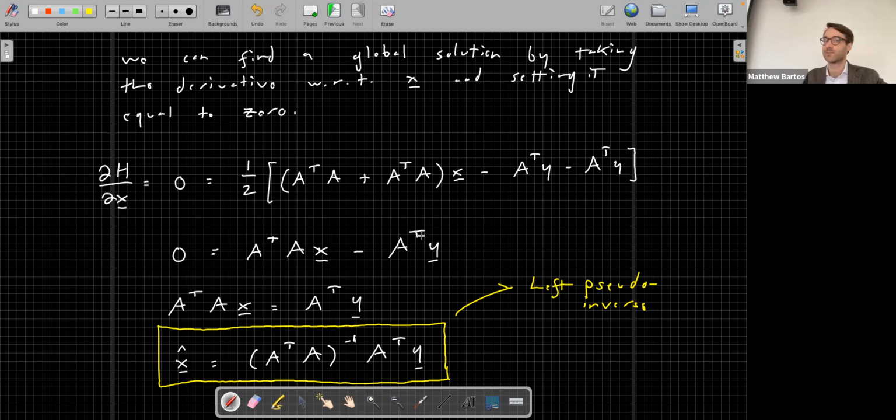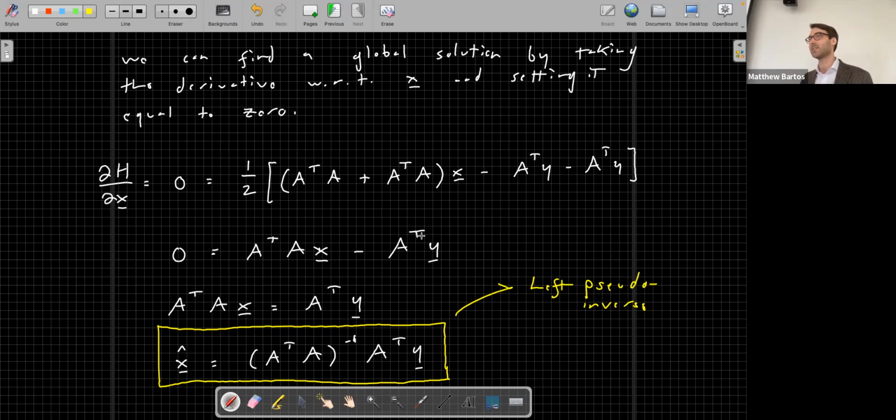So A transpose A, is it always invertible? Not necessarily. If it's not invertible, you'll have to use what's called the Moore-Penrose pseudoinverse, which you can obtain using a technique called singular value decomposition, which originally I was planning to get through, but we're not going to have time this semester.